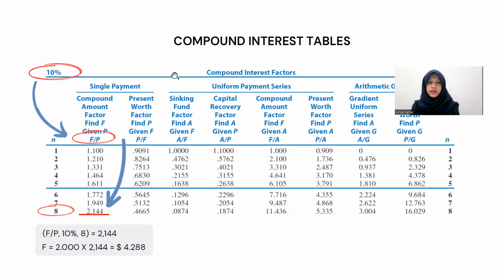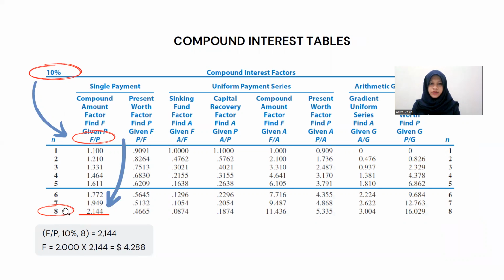So we look in the compound interest tables. First, we search for the compound interest table at 10%. Then we search for F/P in the upper column. In the next step, we find n, which in this problem is equal to 8.